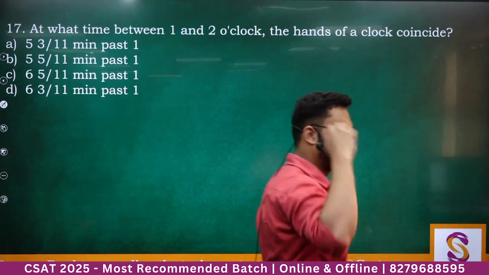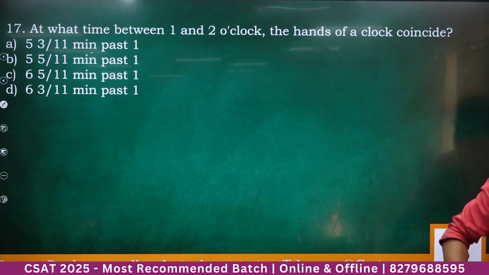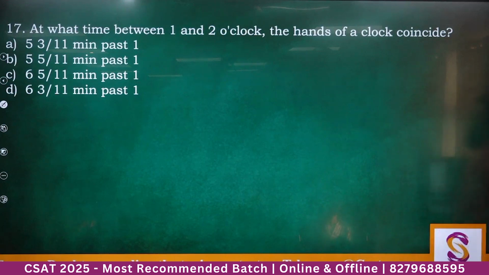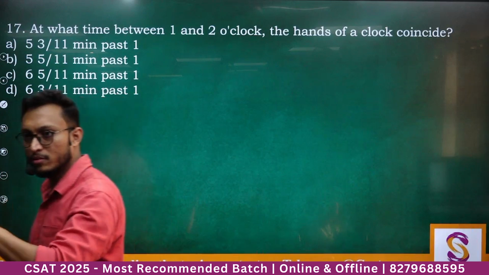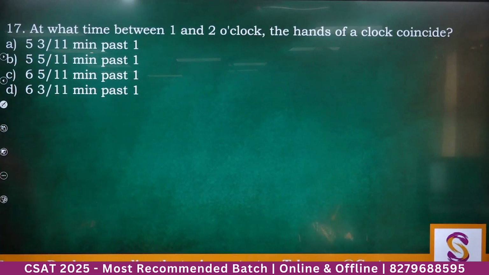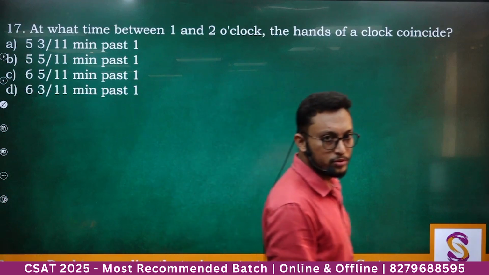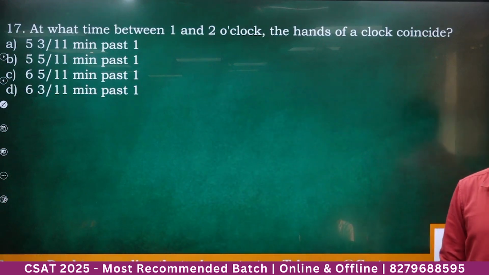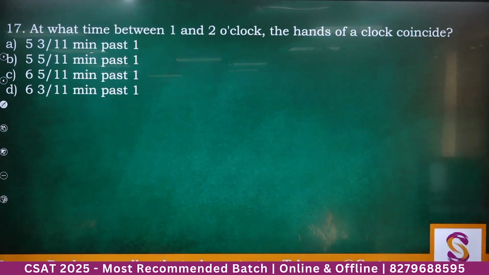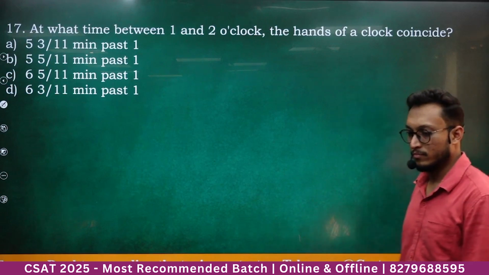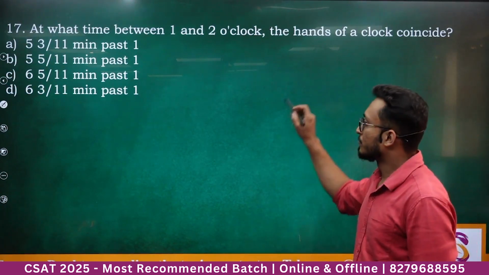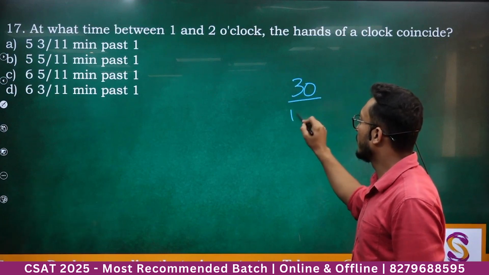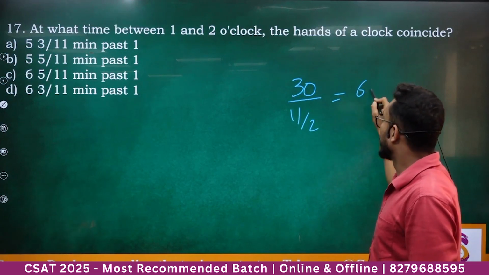Same. Solve it. Between 1 and 2, what is the distance, initial distance? 30 degree. So 30 upon 11 by 2, by 11 by 2, which is 60 by 11.